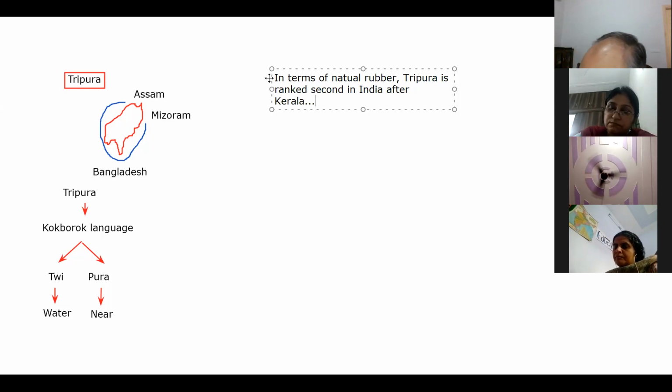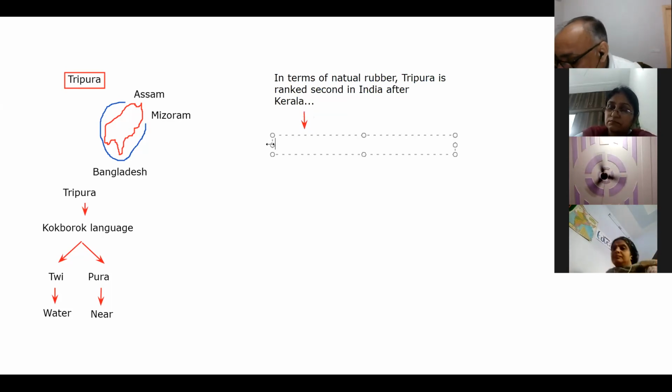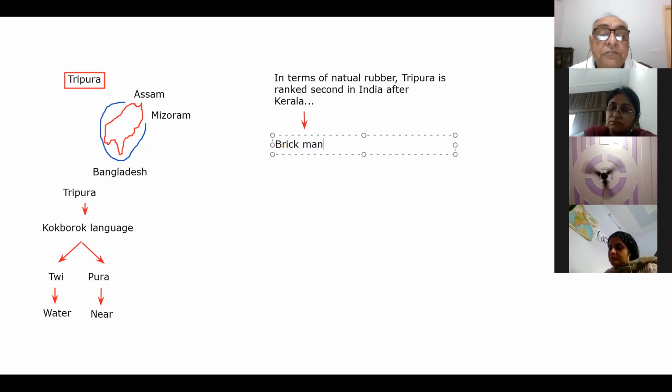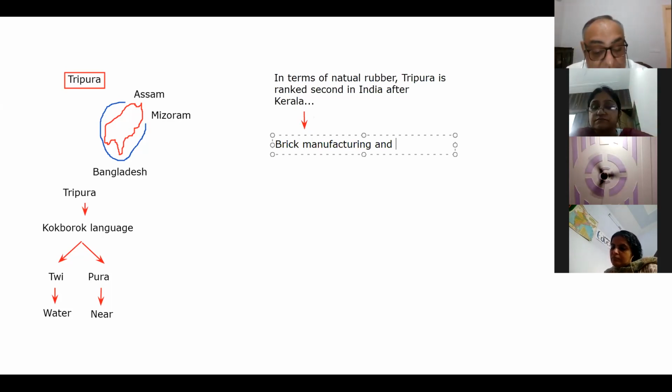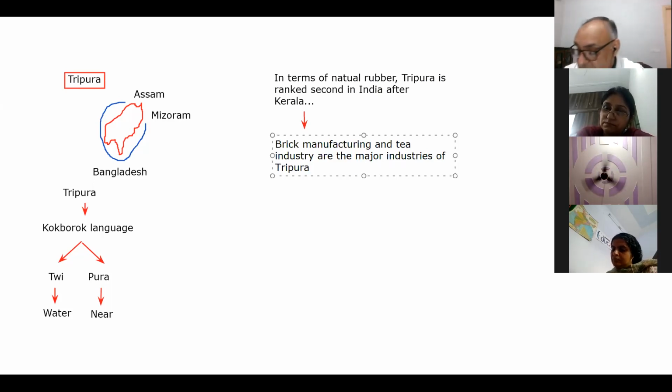Apart from that, as far as the industries are concerned, we can say brick manufacturing, or brick fields, and the tea industry are the major industries of Tripura, right? ये त्रिपुरा की major industries हैं.